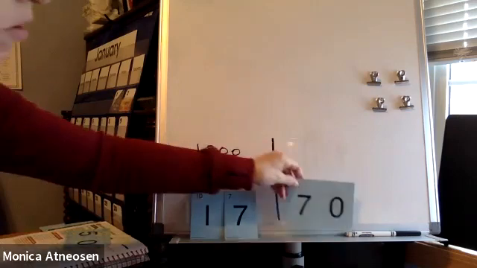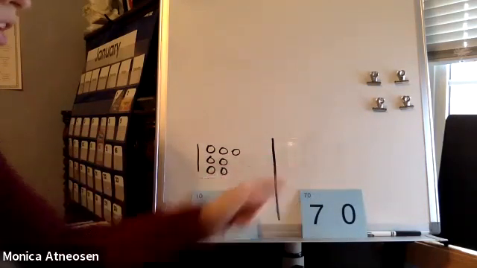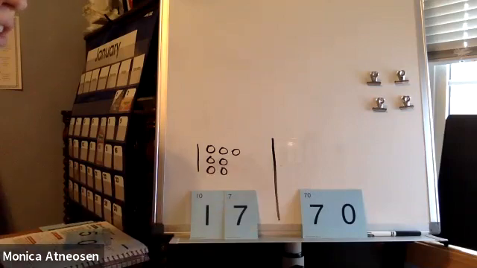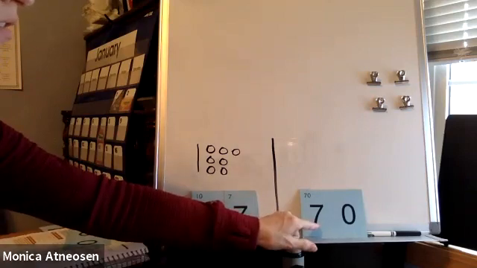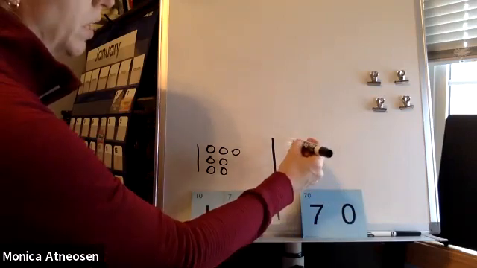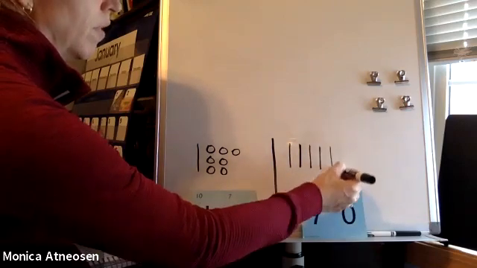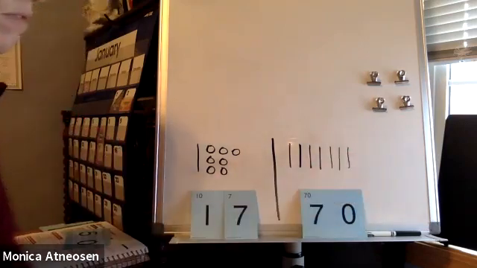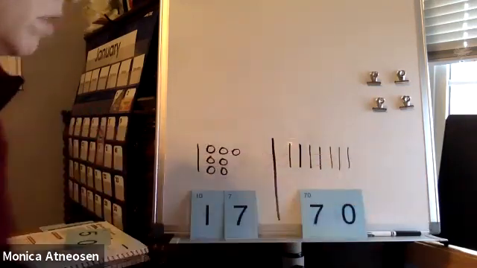Or we can try one that's close and could be confusing. Go ahead and try and draw the 70 on your board. What will that look like? Remember, 7 sticks of 10 and 0 ones. And we can count it out as we go. 10, 20, 30, 40, 50, 60, 70. Did you have that done before I did? 7 sticks of 10 and 0 ones.